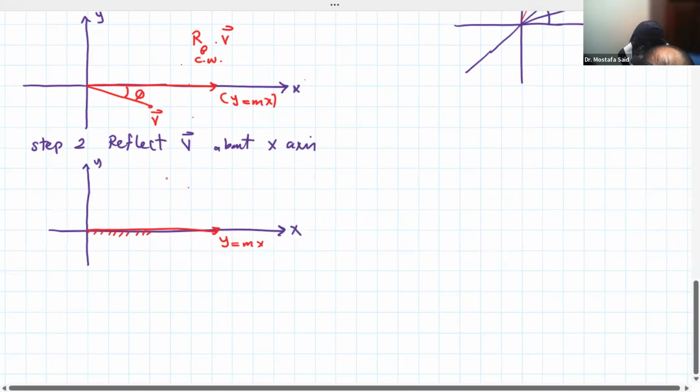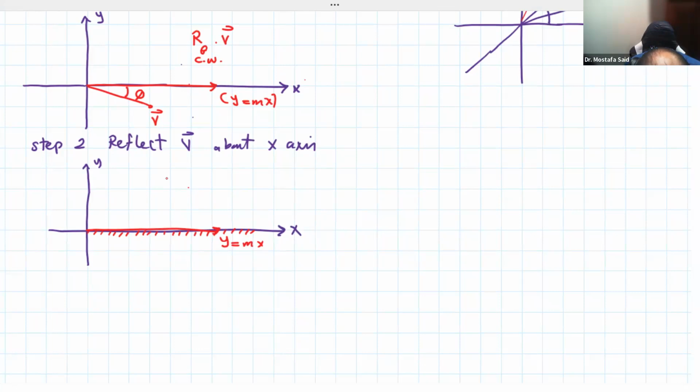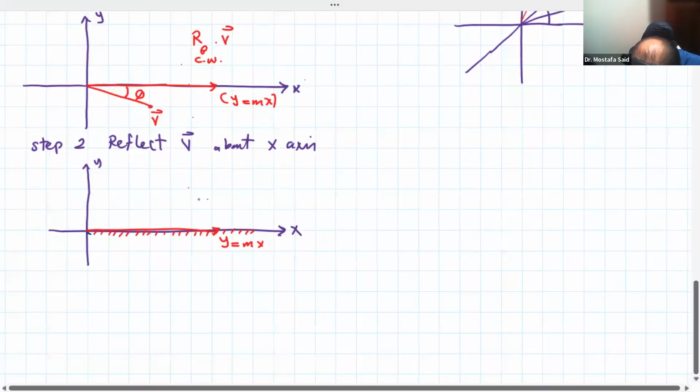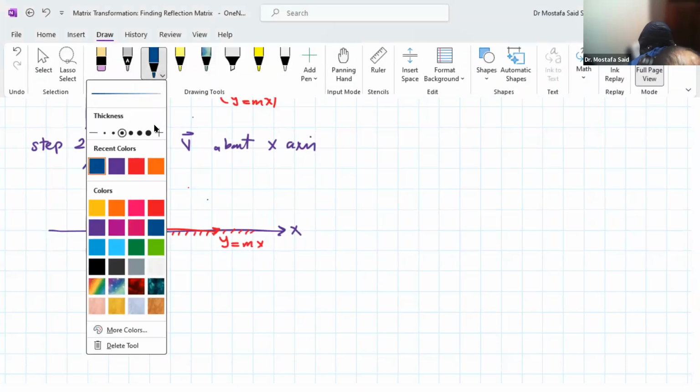That's the mirror that we reflect about. And the vector v will be reflected. So let's draw it before and after. So this is before. I'm going to do it with another color. This color, for example, this is before. That's v. So we're going to extend a perpendicular line, extend it further to the same distance. And that's the reflection. So let's do the reflection with red.